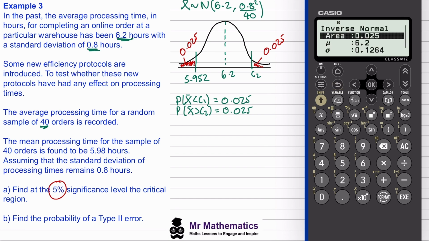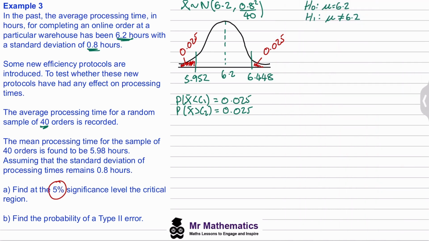If we go back, we'll change our area to be 0.975. We'll keep the rest the same. And we get C2 to be 6.448. So our critical region is when x bar is less than 5.952 and when x bar is greater than 6.448.